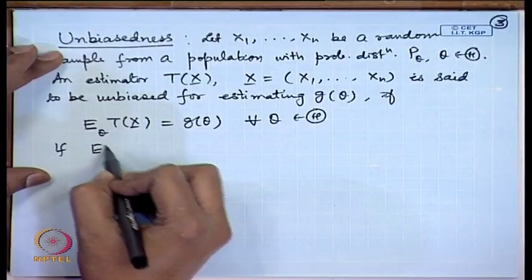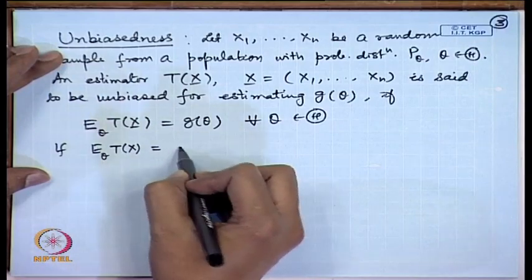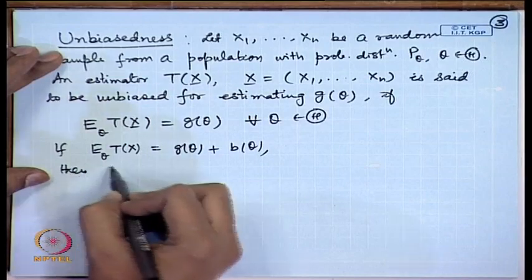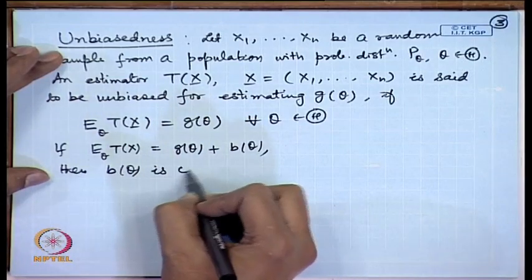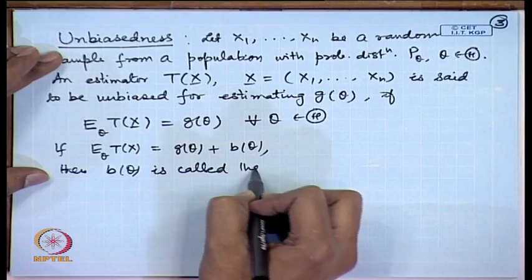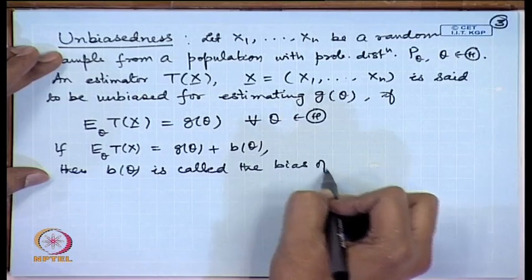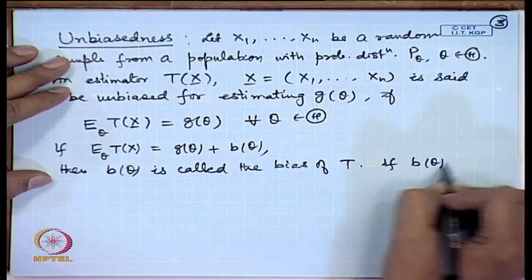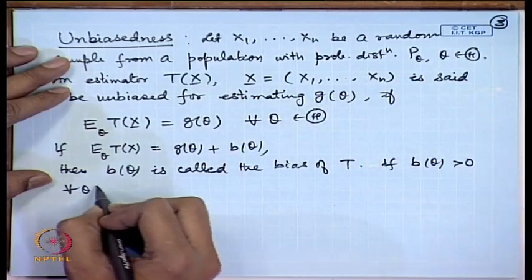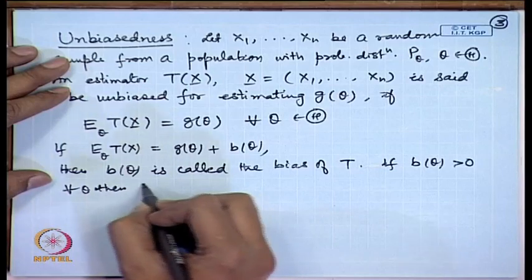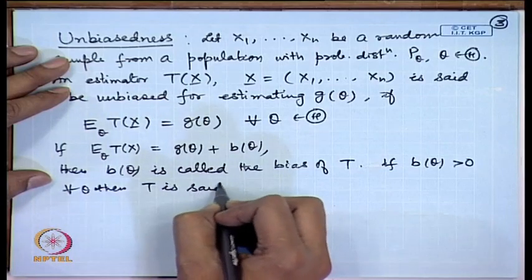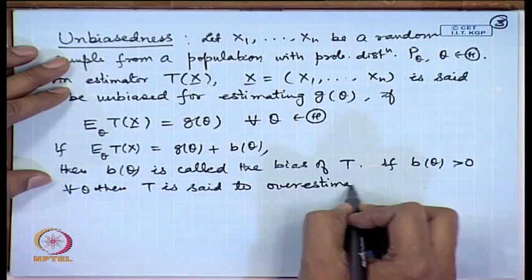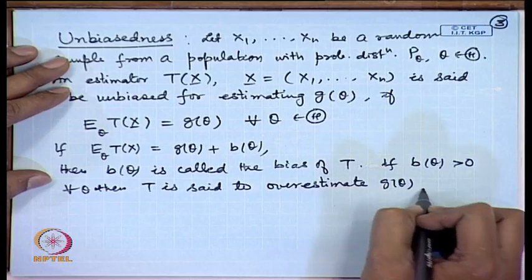Now, if expectation is not equal to g(theta), but we can write it as g(theta) plus b(theta), then b(theta) is called the bias of T. If b(theta) is always positive, then T is said to overestimate g(theta).